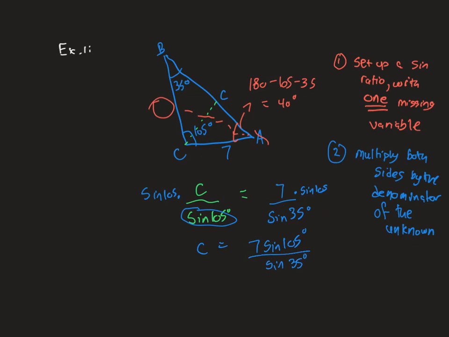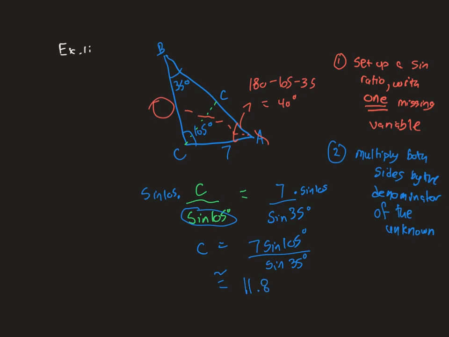And let's go to our calculator here, and this is where you'd have to put it in and calculate it. Now, if I were to suggest the best way to do it, I would do your top first. I would actually type 7 times sine of 105 in your calculator, and when you get your answer, divide by sine of 35. Which should give you approximately, because we're going to round here to 1 decimal place, 11.8.